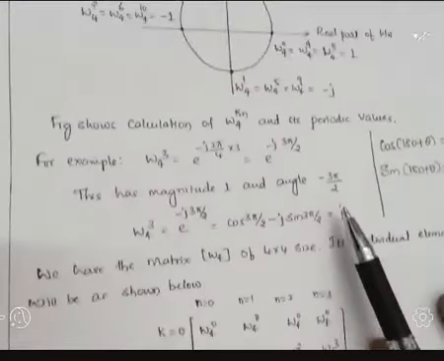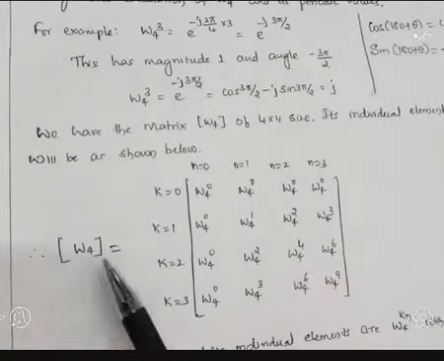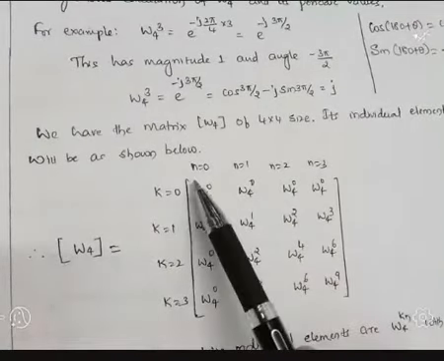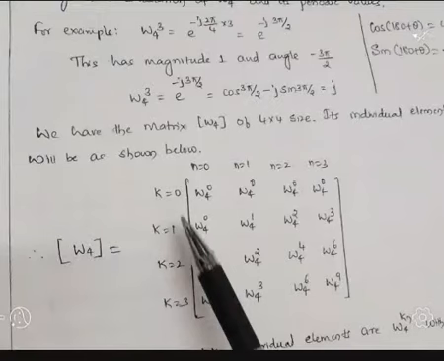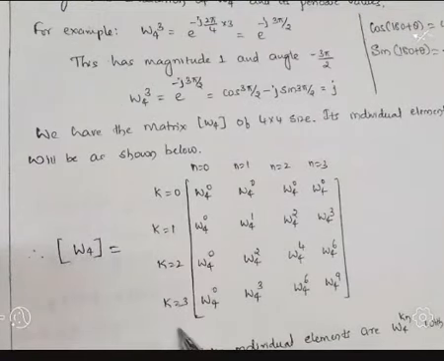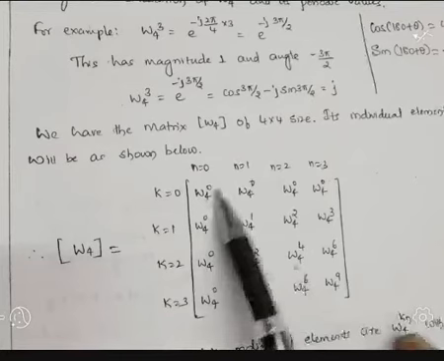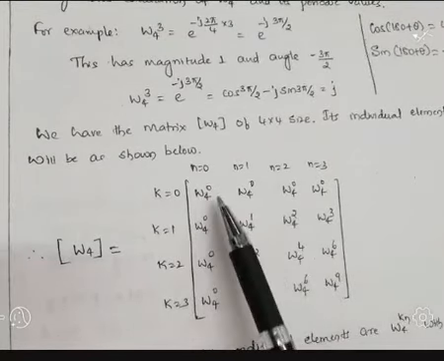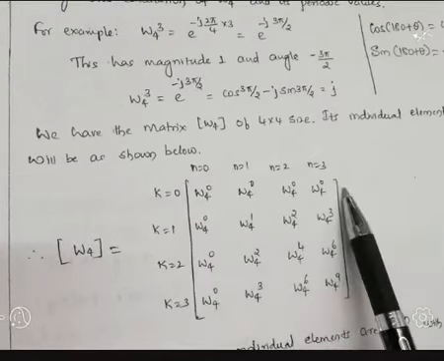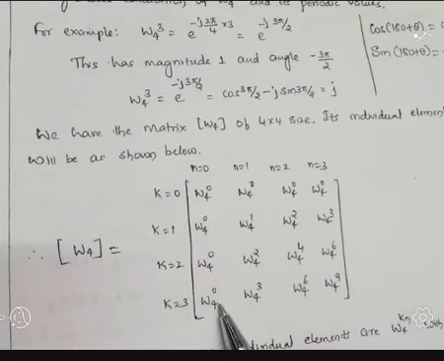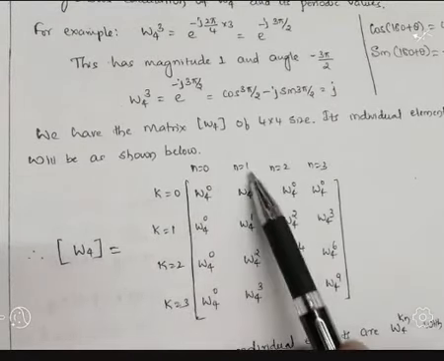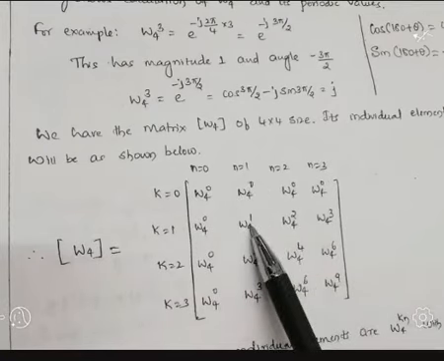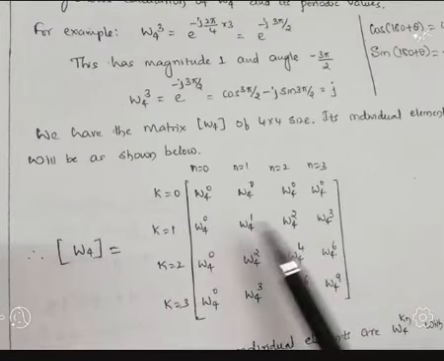Next, we have to write in the matrix format. W of 4 is equal to, n equal to 0, 1, 2, 3, k equal to 0, 1, 2, 3. So all these entries we have to calculate. 0 multiplied by 0 is 0, so the first row becomes 0 and the first column becomes 0. Then 1 multiplied by 1, W of 4 to the 1; 1 multiplied by 2 is 2; this is 3.